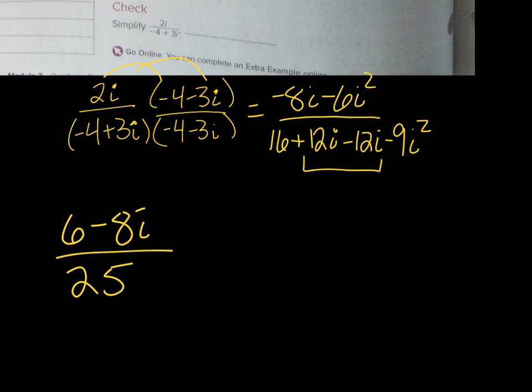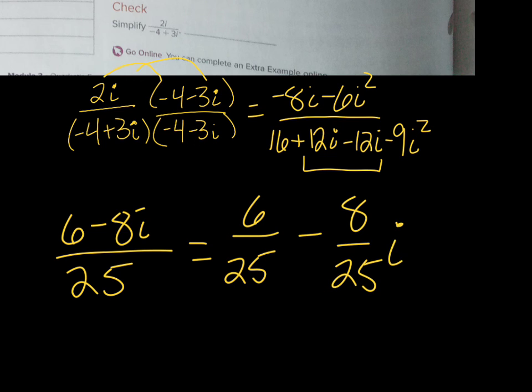Where did that come from? You made the i squared in the bottom negative 1. Because it's basically just 16 plus 9, right? Okay, so this is a perfectly fine answer. They're probably going to want you to break it into its two parts. That's the real part, and that's the imaginary part. Is that okay?